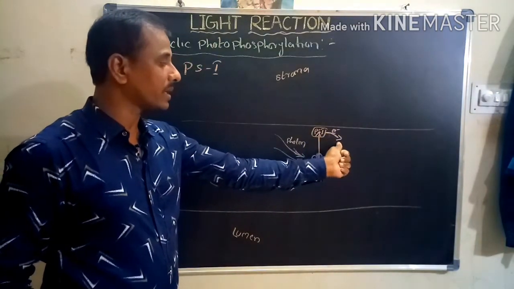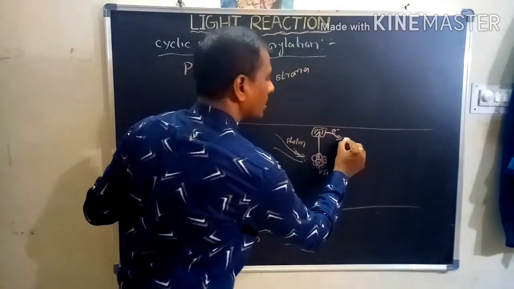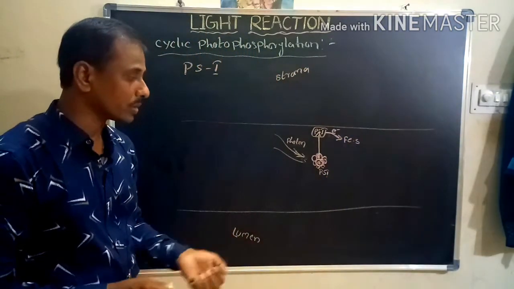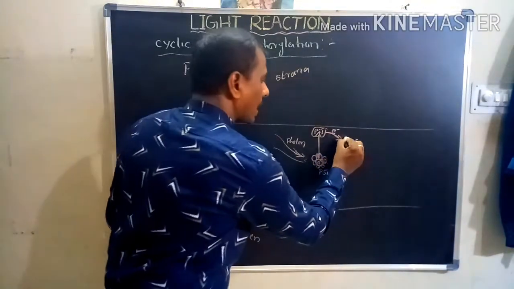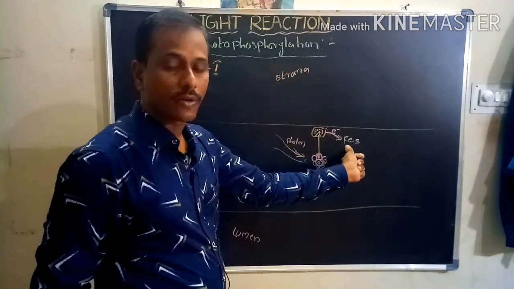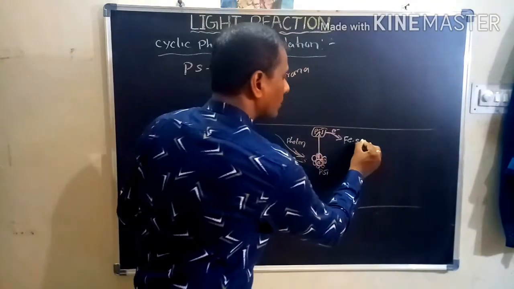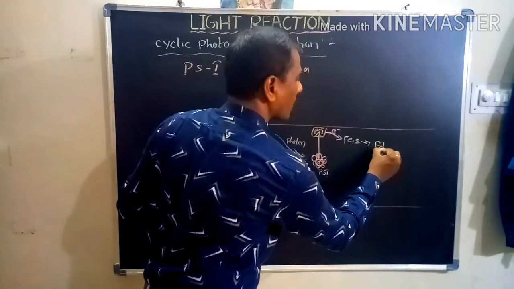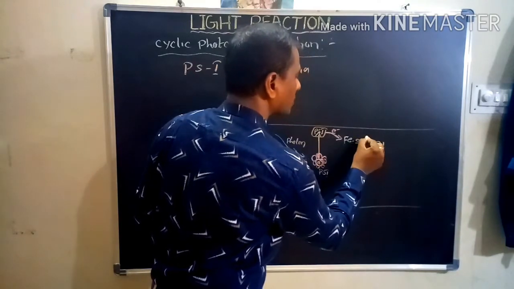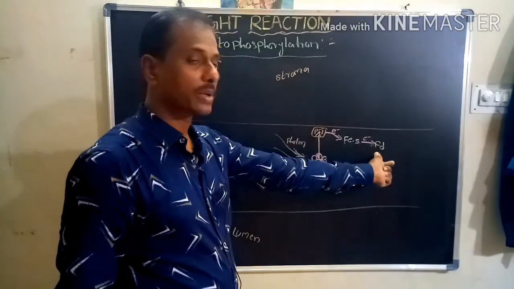The electron released from PS1 is first received by an intermediate compound, that is iron sulfur protein, which is near PS1. The iron sulfur protein undergoes reduction and transports the electron further to ferredoxin. Ferredoxin contains iron, two iron compounds are present here.